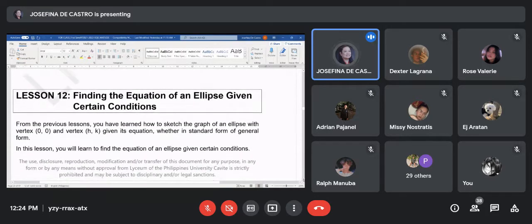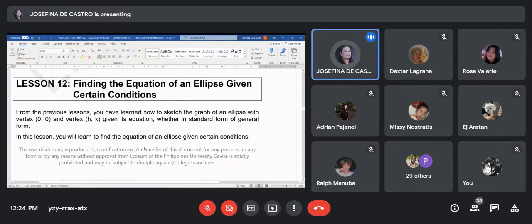Okay? So si lesson 11 and 12 ay pinagsama ko na sa isang activity. The first part is transform to general form and then the other part is finding the equation of the ellipse given certain conditions. So this is the reverse of what we had for lesson 9 and 10.